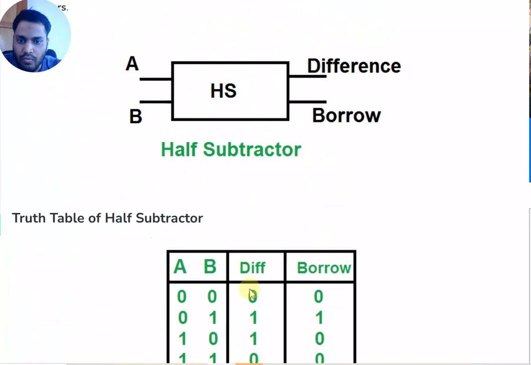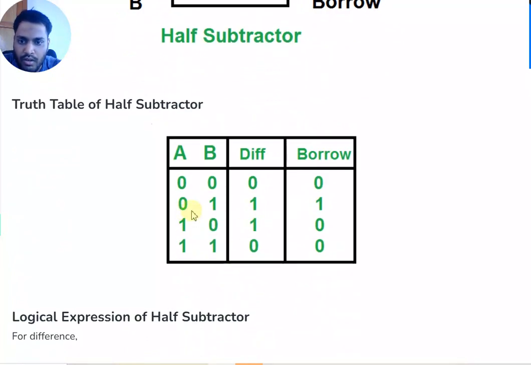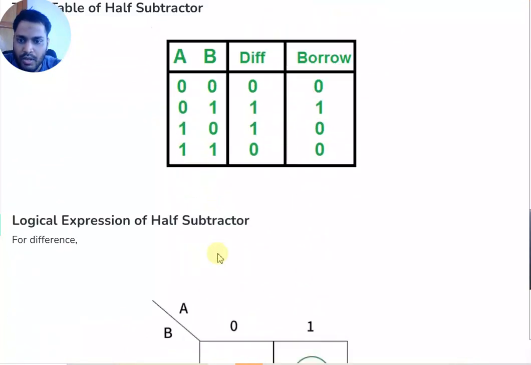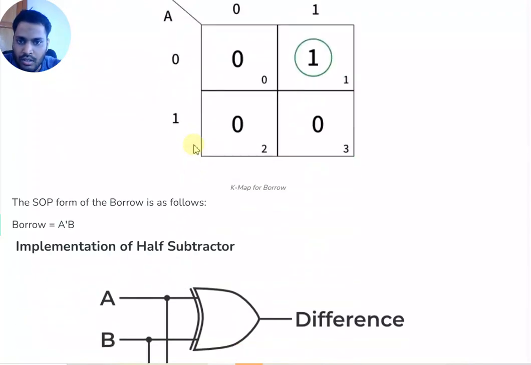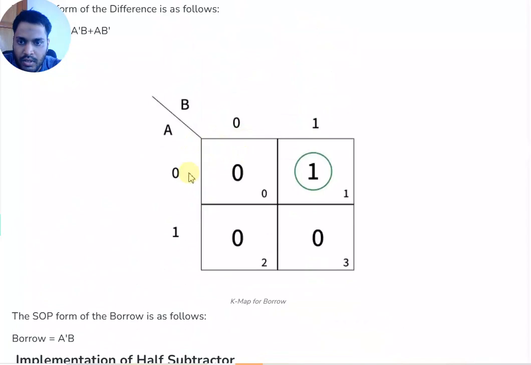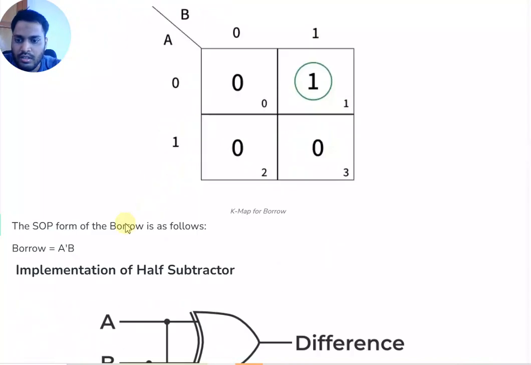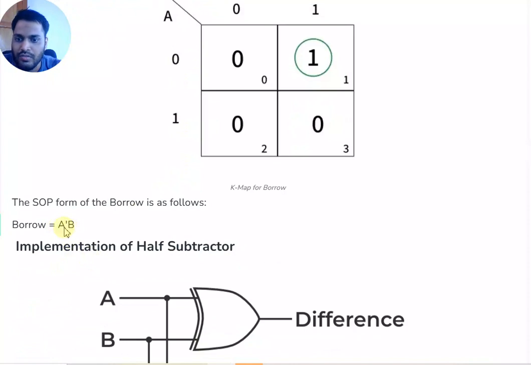For borrow, we got 1 for A0 B1, where A is 0 and B is 1. Only in this case we got 1, so we will encircle this and write the expression. A is 0, B is 1, so A naught B. This is the expression for borrow.